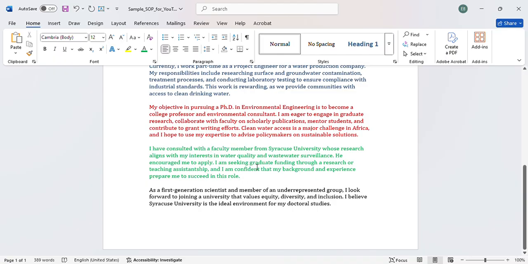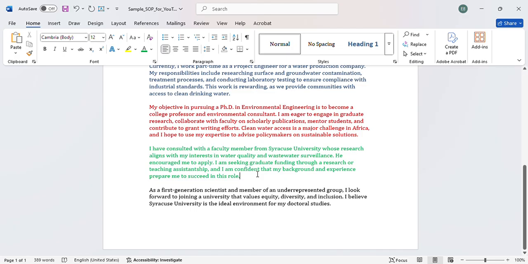Because the truth is, if they give you admission, who is going to supervise you? Who is going to supervise your project, and who is going to fund you? Most of the PhD and master's programs that are research intensive, funding normally comes from faculty members, so they will take you on their project, and they will fund you.